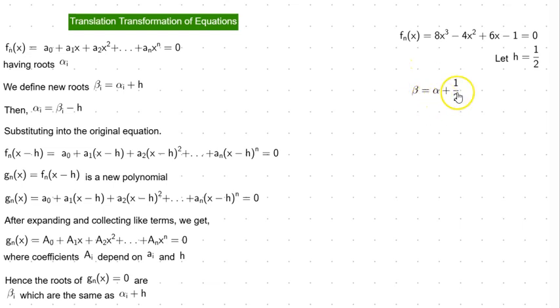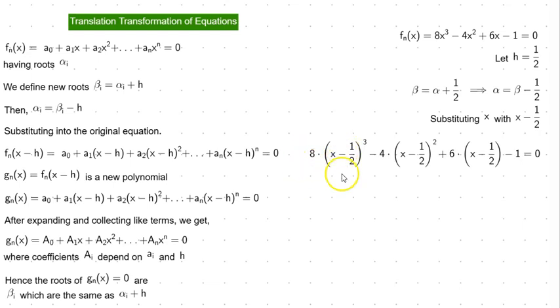So beta is equal to alpha plus 1 by 2, which implies alpha is equal to beta minus half. Substituting x with x minus 1 by 2, we get 8 times (x minus 1 by 2) cubed minus 4 times (x minus 1 by 2) squared plus 6 times (x minus half) minus 1 equal to 0.